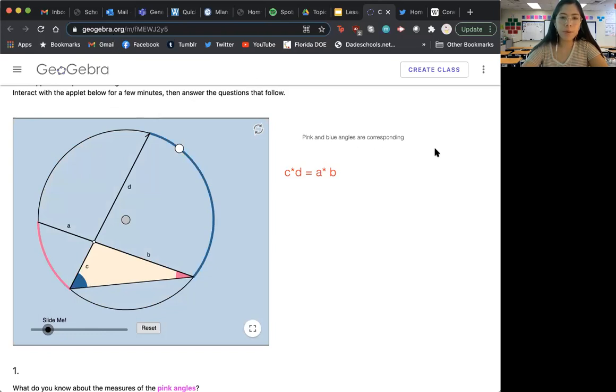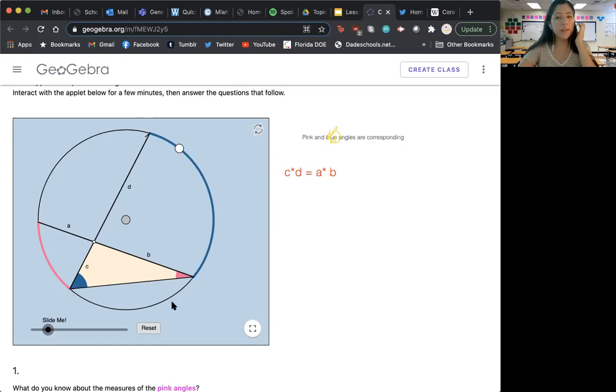Okay, I see somebody wrote on the board already, but what pink and blue angles, that's not quite what I'm asking yet. I'm just asking, just look at the pink angle and then the pink arc. And what do we know about it? What do I know?